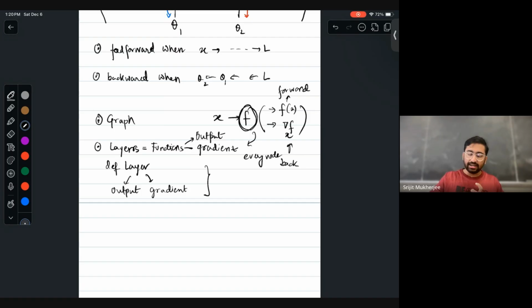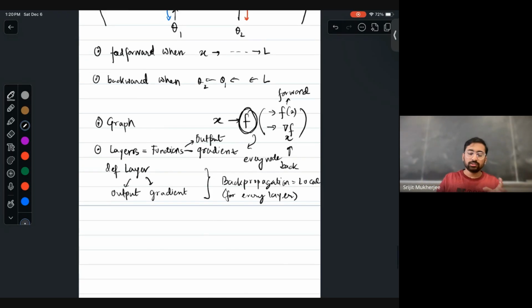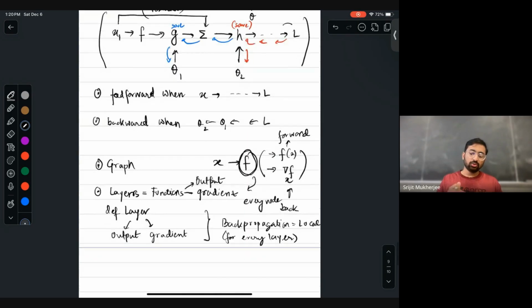The whole reason is that this backpropagation is local. Local means for each layer, for every layer, it happens. You can define it beforehand. So this helps in coding it out well. Okay? So we'll try to do it, but to do it, we need a finite number of layers.